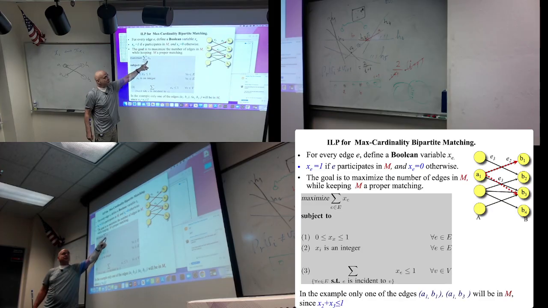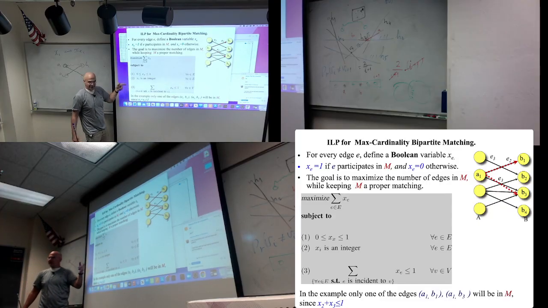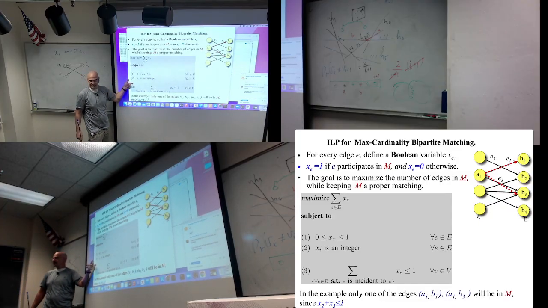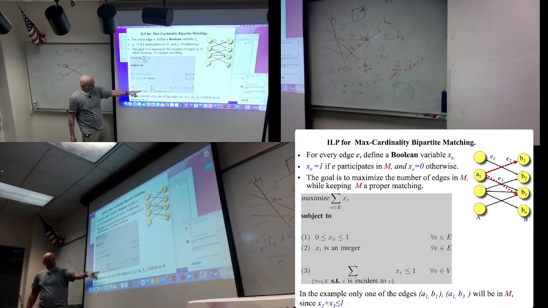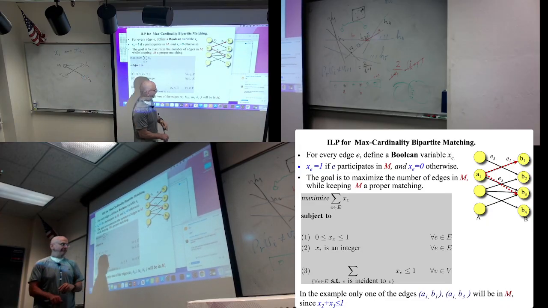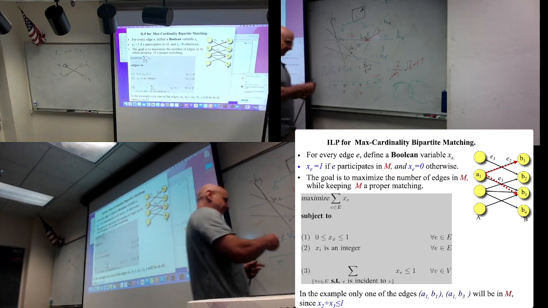Each xi that is on, that is 1, means another edge will be in the matching. But finally, let's get to the constraints. What are the constraints that enforce my solution to be a solution to the matching problem? Here we're getting to the third solution. Look at the vertex.